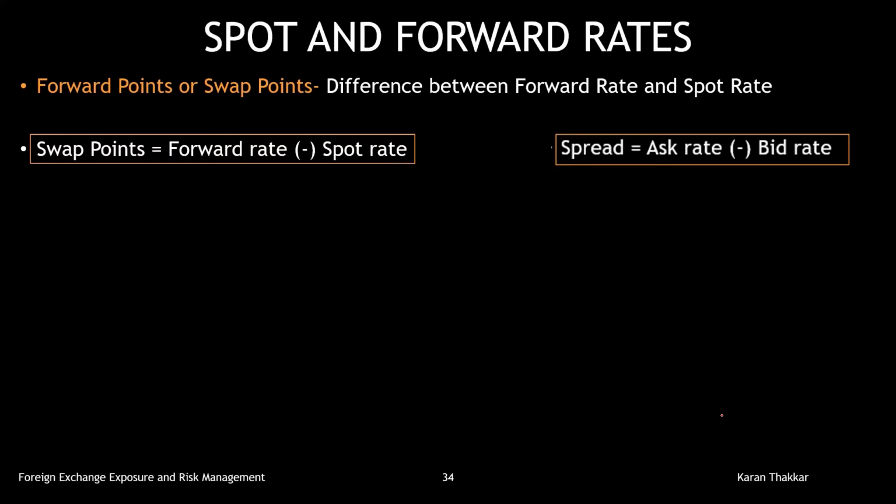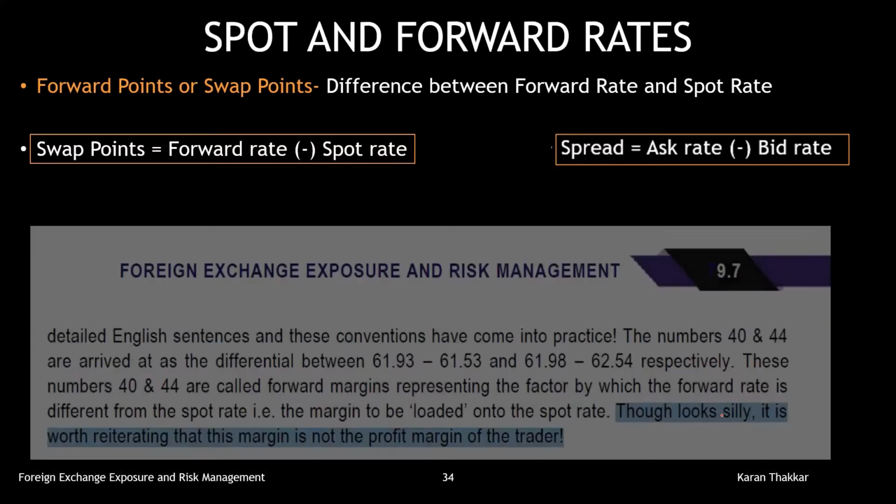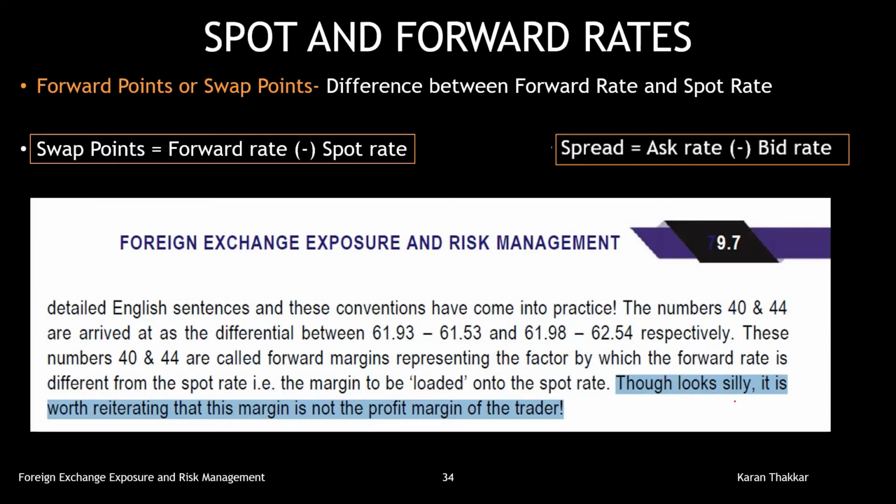Sometimes swap points are also mentioned as forward margin, but I don't want you to think of it as the spread of forward rates. The module also mentions this as swap points. You should know that the forward margin is the same as forward points, and it is not the spread of the forward rates.